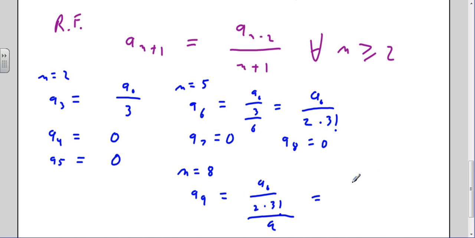Okay, so I'll write that as A0 divided by 3 factorial times 3 squared. Is that what it is?